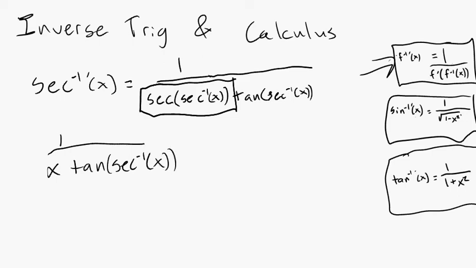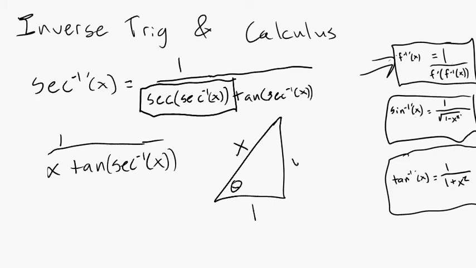So you know the drill. We need a triangle and an angle. And secant inverse of x is an angle whose secant is x. So secant is hypotenuse over adjacent, so x over 1. And then we need the tangent of that, so opposite over adjacent. We need this side.